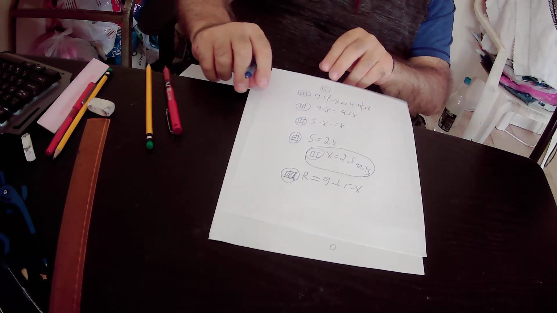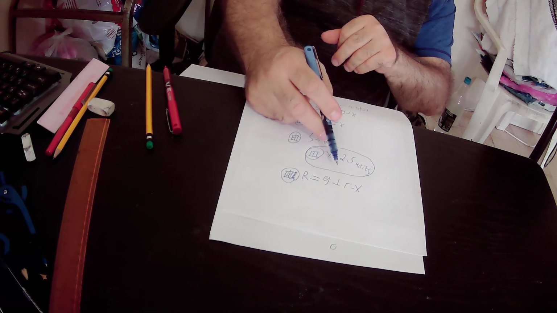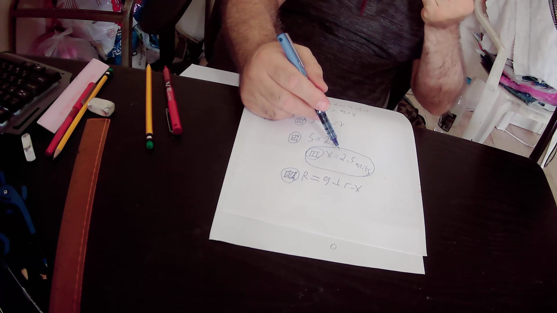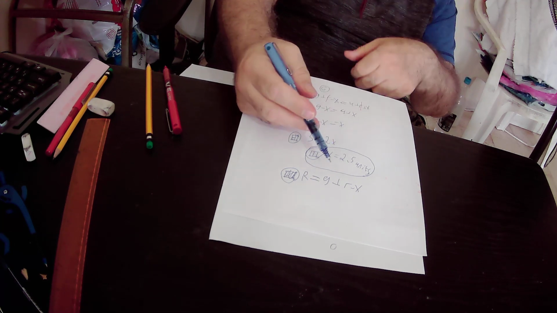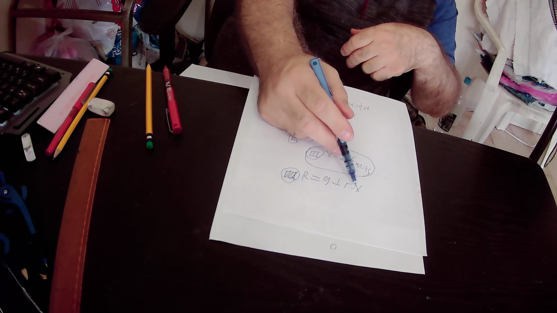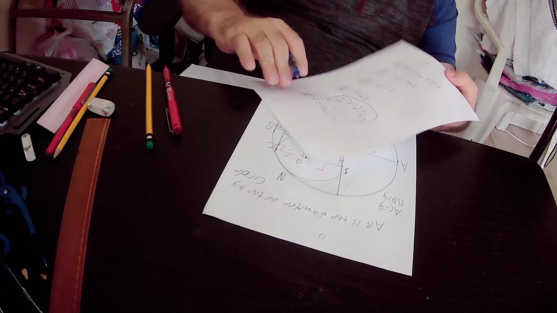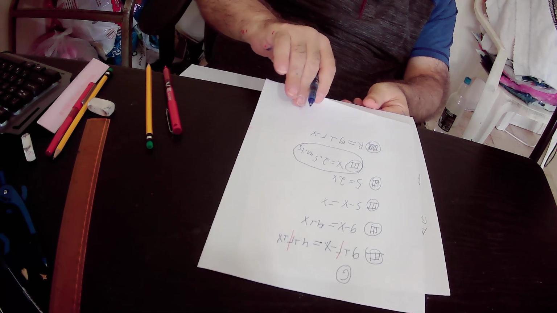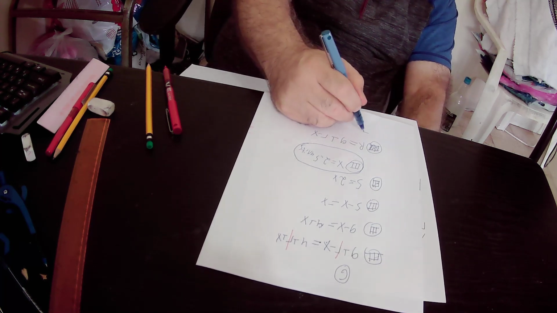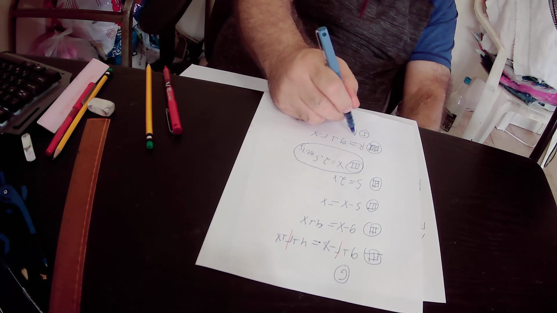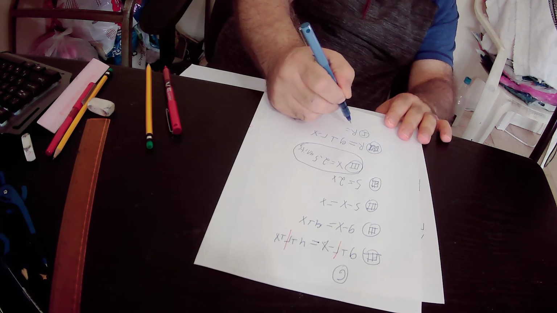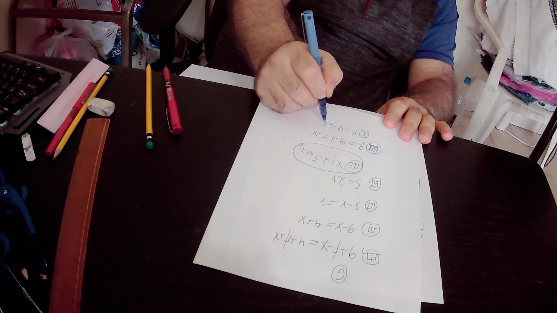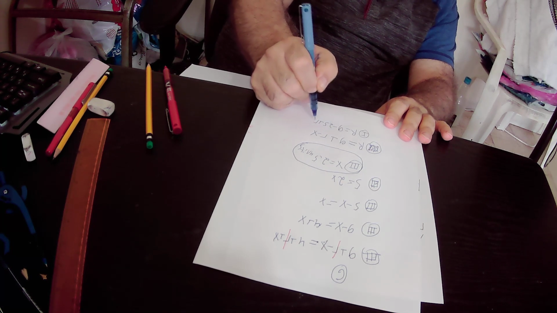According to equation number 1, capital R equals 9 plus r minus x, but we have already found out that the value of x is 2.5 units. So we can substitute x by 2.5 units.